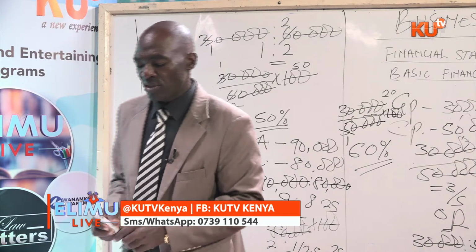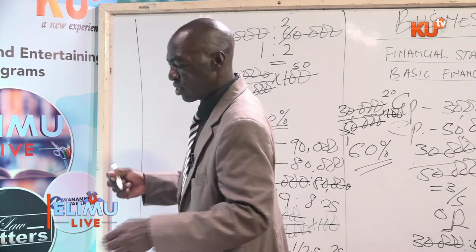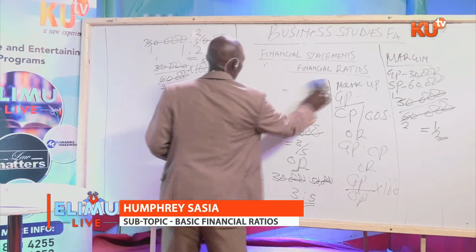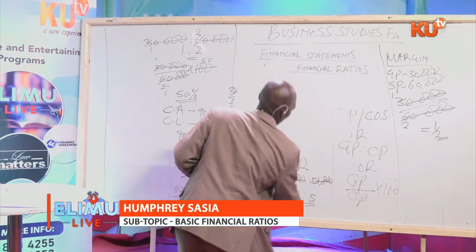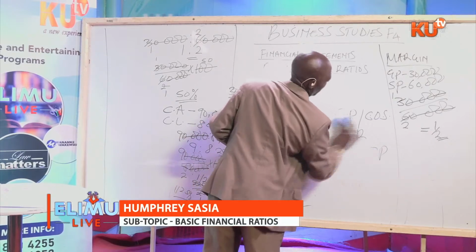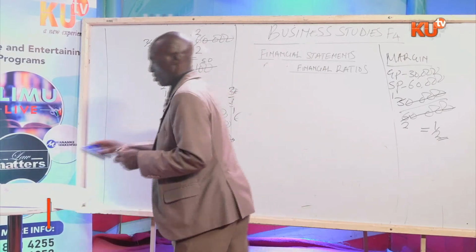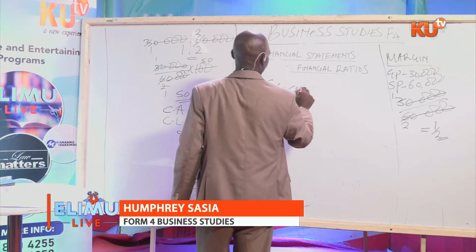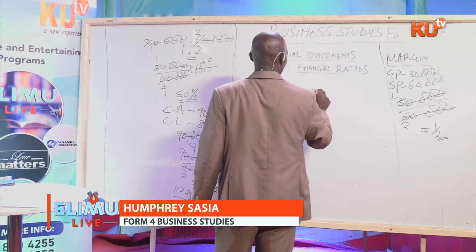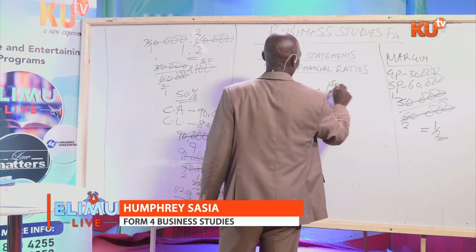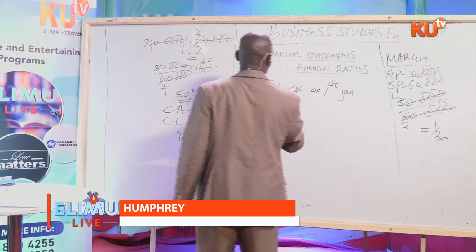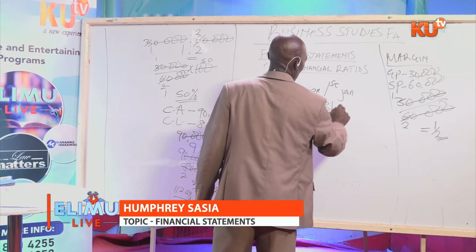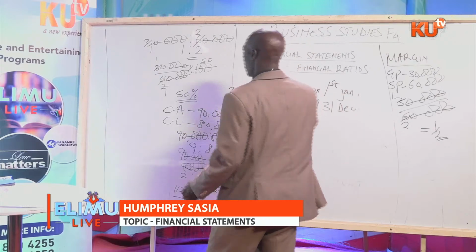So this is the illustration: if we had stock at the start, stock on 1st January, and then stock on 31st December of that respective year.